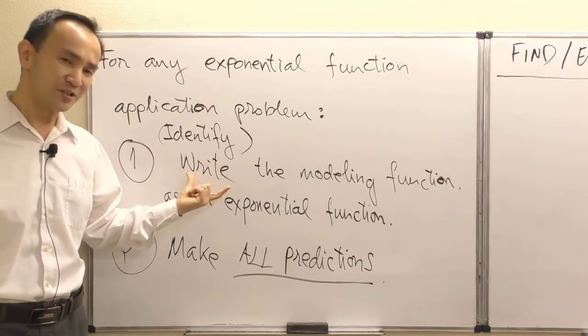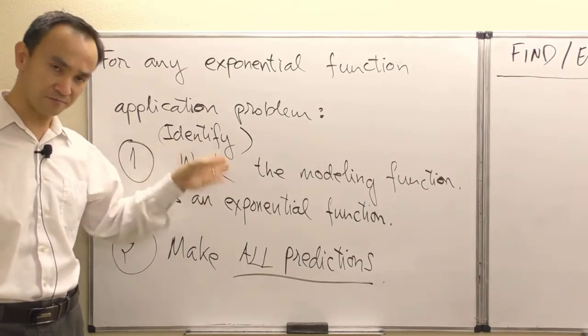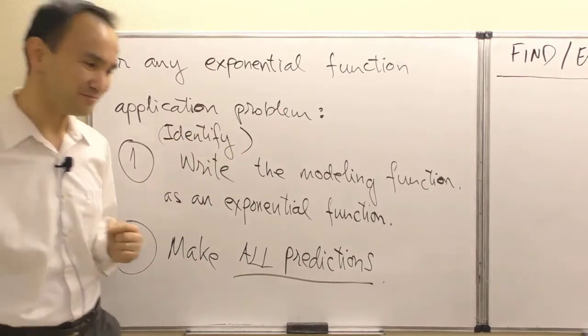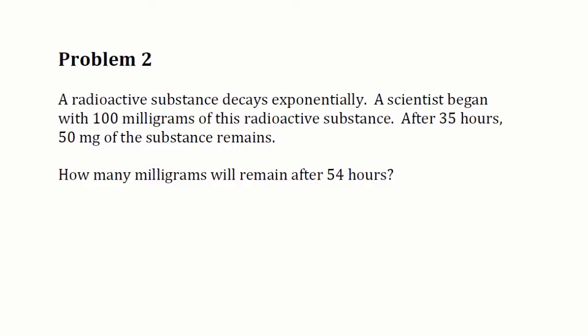All right, so now let's spend some time identifying our function, or writing our modeling function. Again, I just want to emphasize that nowhere did the problem ask us to write the function ourselves, but it's our default responsibility to know what the modeling function is so that we can answer how many milligrams will remain.